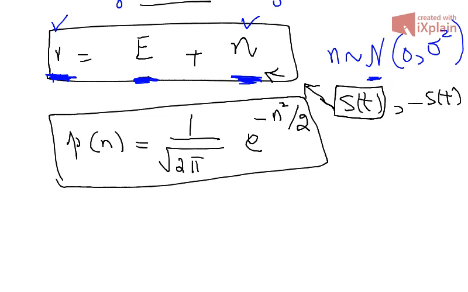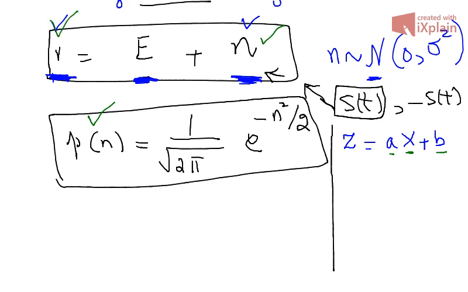We are interested in finding out the PDF of R, and we can use the knowledge of transformation of random variables, a x plus b, where a and b are constants and x is a random variable and its PDF is known. Now we have this case, n is a random variable but its PDF p of n is known, and we are interested in finding out the PDF of R which corresponds to z here.